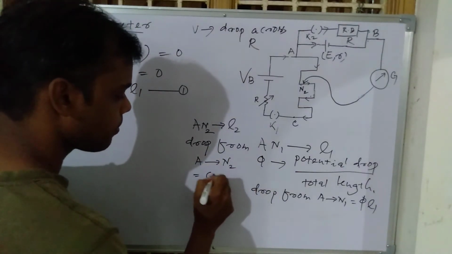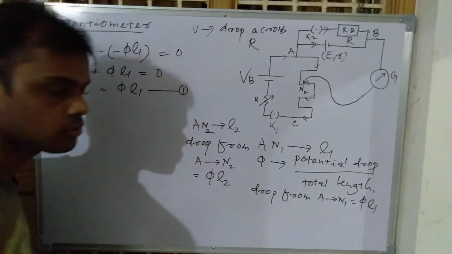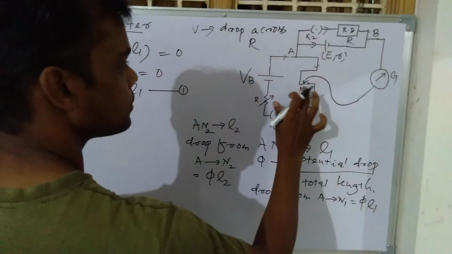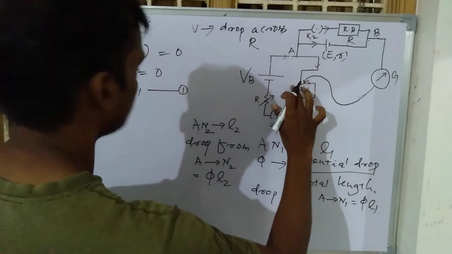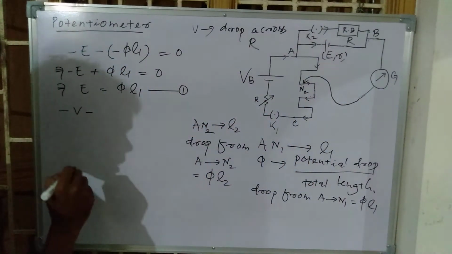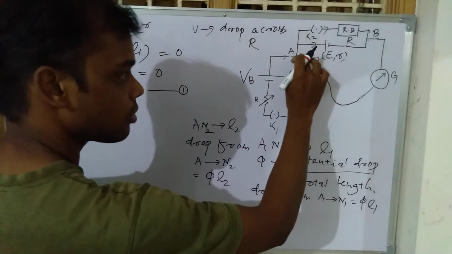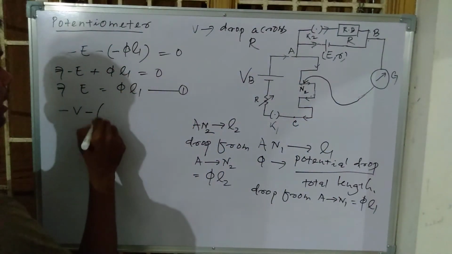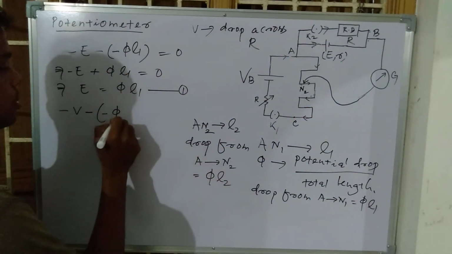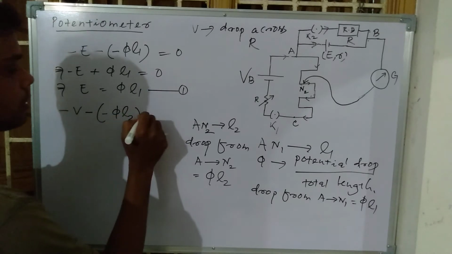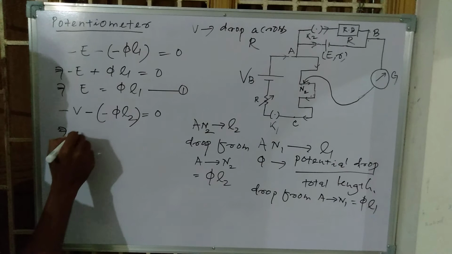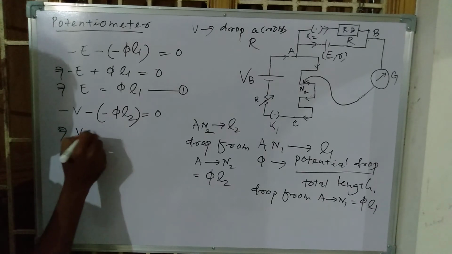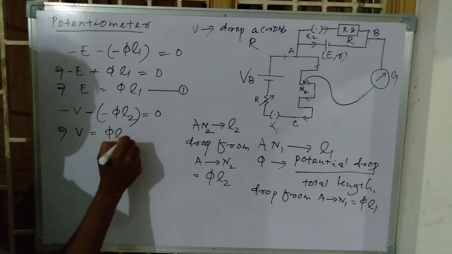That will be phi into L2. Very simple. But this current is opposing our existing current. That's why first I will put a minus sign. Then this is a drop, that's why I will put another minus sign and put phi L2. This is equal to 0. From this we can directly find out that V is equal to phi L2.